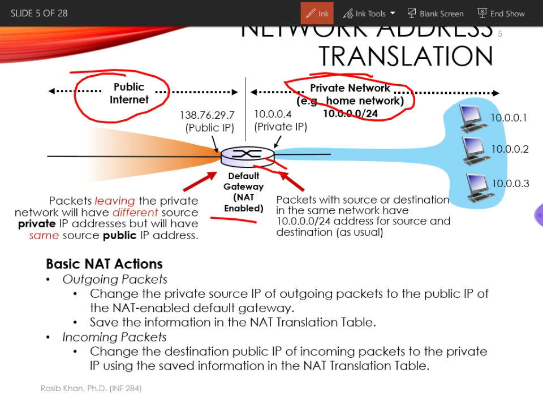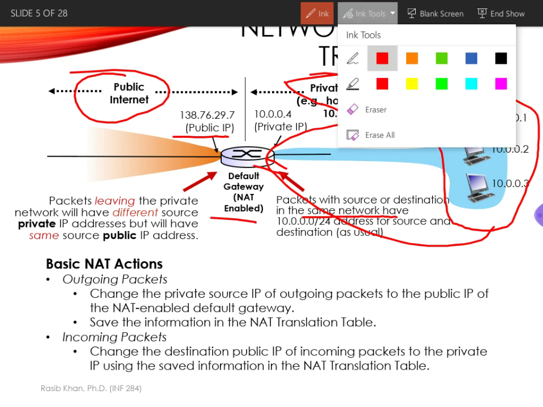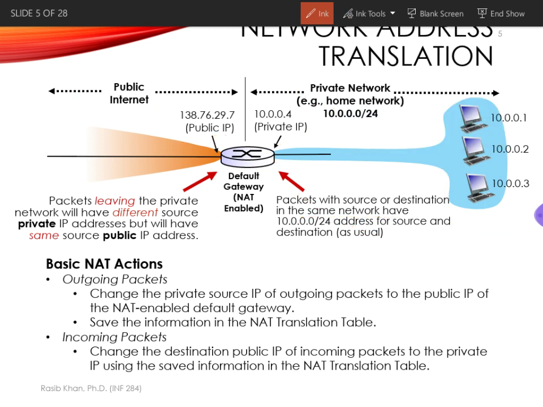And on the other hand, it has a public IP on the other interface, which is globally unique. So therefore, any packet which has a source and destination in the same network, the private network, will be using this part of the network and will reside on the right of the default gateway. So it never leaves into the public side of the network.